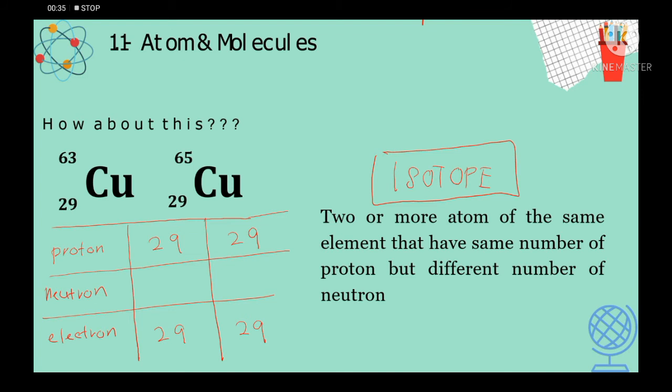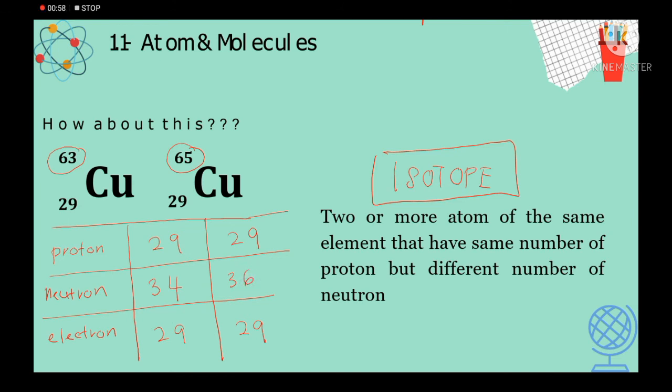But they have a different number of neutron because they have different nucleon numbers. For copper-63, the neutron number should be 34. Why 34? Because 63 minus 29. And for copper-65, the neutron number should be 36.